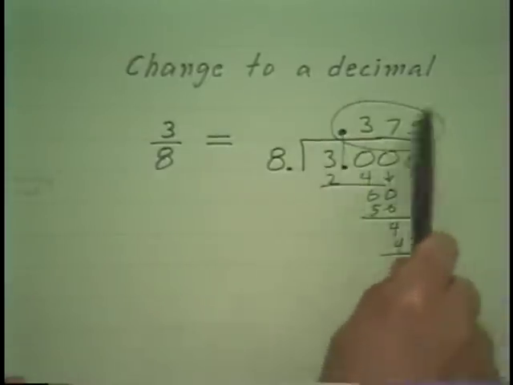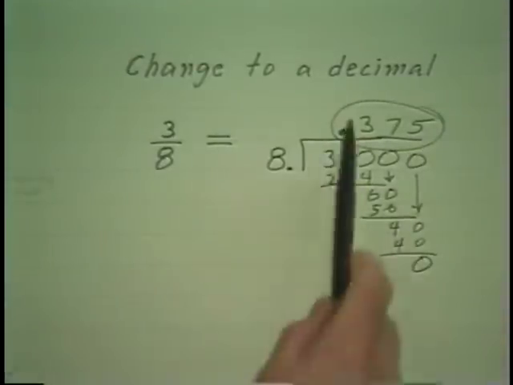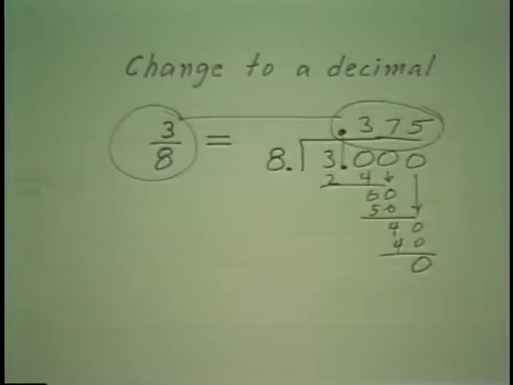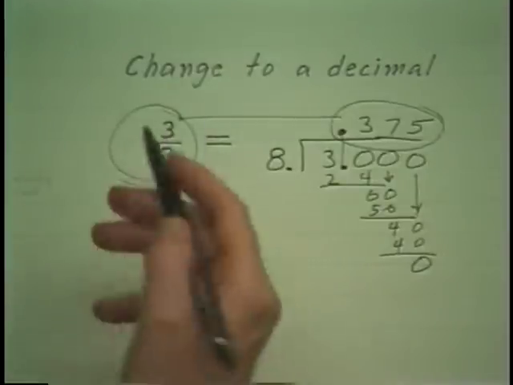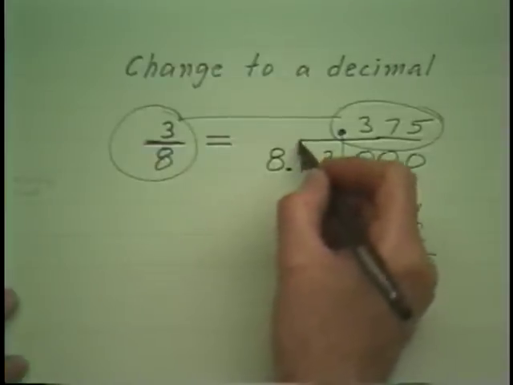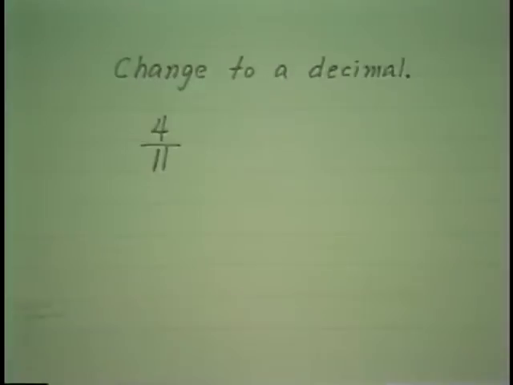Hence, we have a terminating decimal representative of the fraction 3/8. Again, all fractions are in disguise a division.